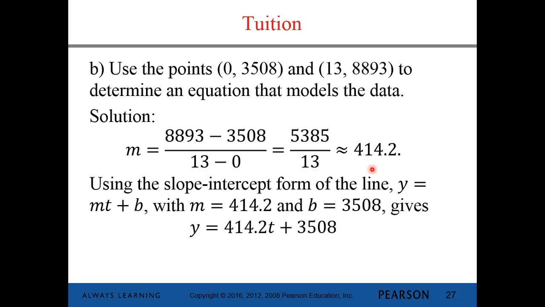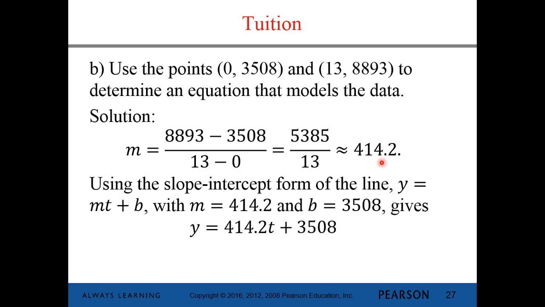That means that for every year that goes by, the average amount of tuition and fees goes up approximately $414.20 on average. That's the interpretation of the slope, and that's going to be critical. You have to be able to interpret the slope in the context of the problem. So the tuition is going up on average about $414.2 per year for tuition and fees.